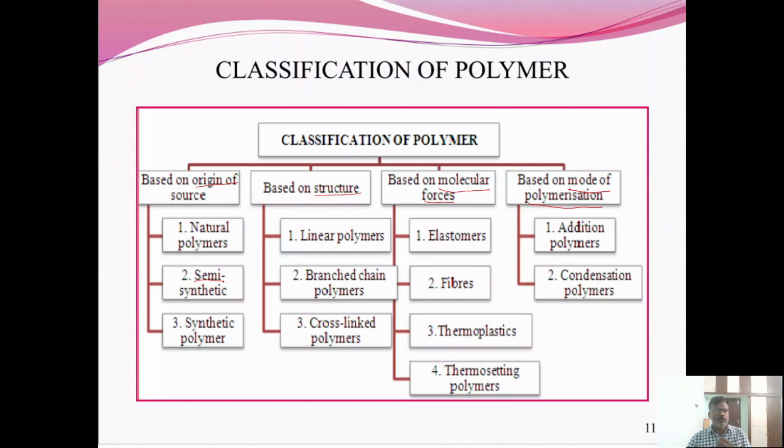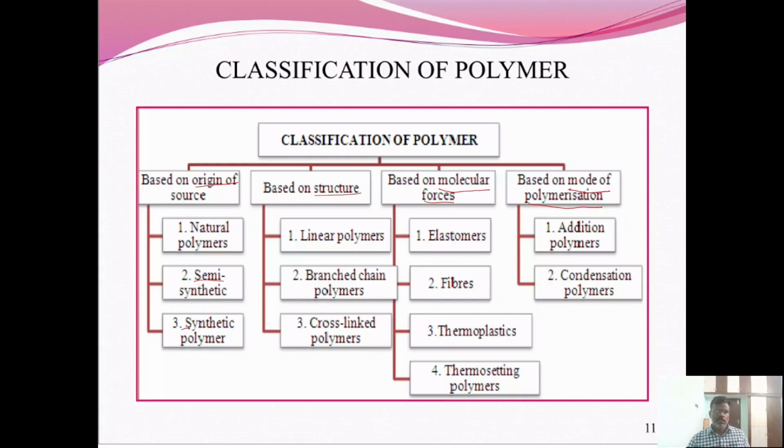If some limitations are there in the natural polymers, we treat that polymer with chemical reagents or additives and improve those properties. So the base is a natural polymer, and to the natural polymer we are adding additives. Those materials are called semi-synthetic polymers.